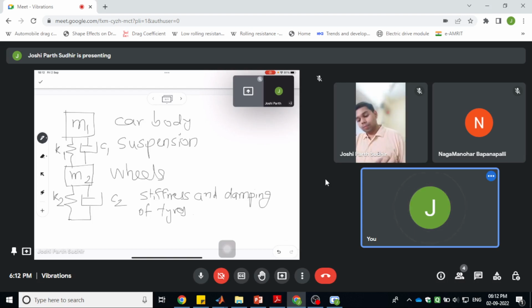And so the wheel can be represented something like this.